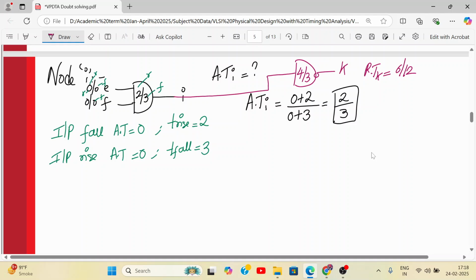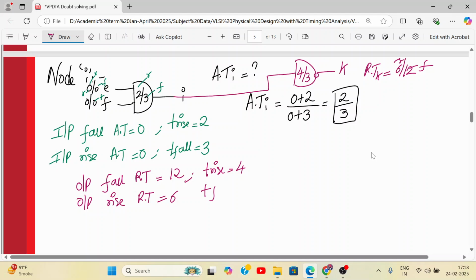So for the return time, we have to check the previous gate where it is connected to. So now we'll find the output for return time. We are talking about the return time. It's 12. This is R, this is F. So this is 12. Output rise return time is 6. What is the rise delay over here? 4. Fall delay, it's 3.